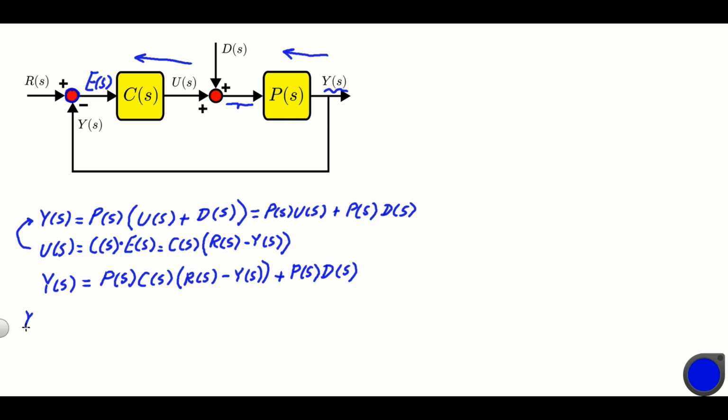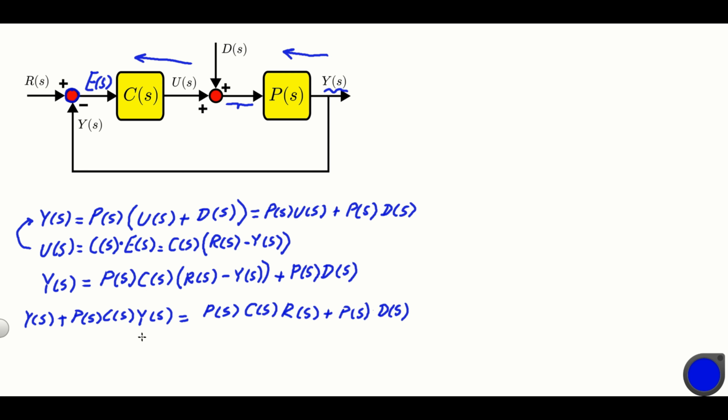So we have Y of S plus P of S, C of S. What do we have over here? We have Y of S, and this is equal to P of S, C of S, multiplying R of S, plus P of S, multiplying D of S. And that's it.